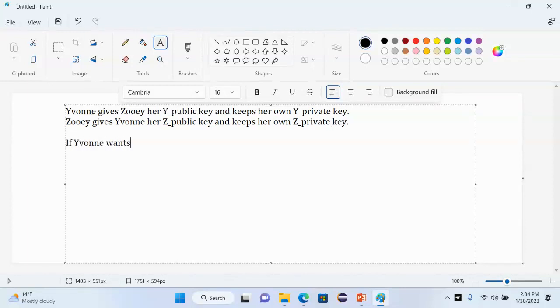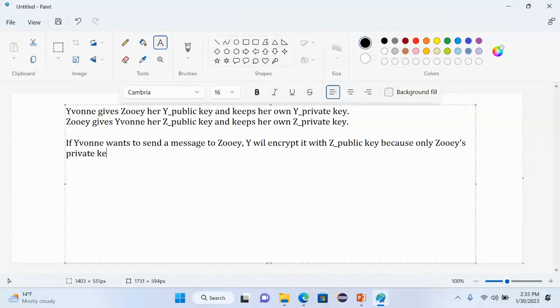If Yvonne wants to send a message to Zoe, Yvonne will encrypt it with Zoe's public key, because only Zoe's private key can decrypt it, right? Thus, the message is secure.